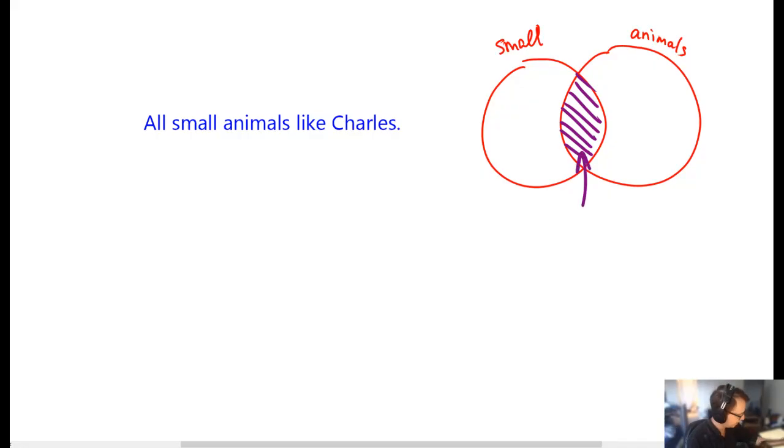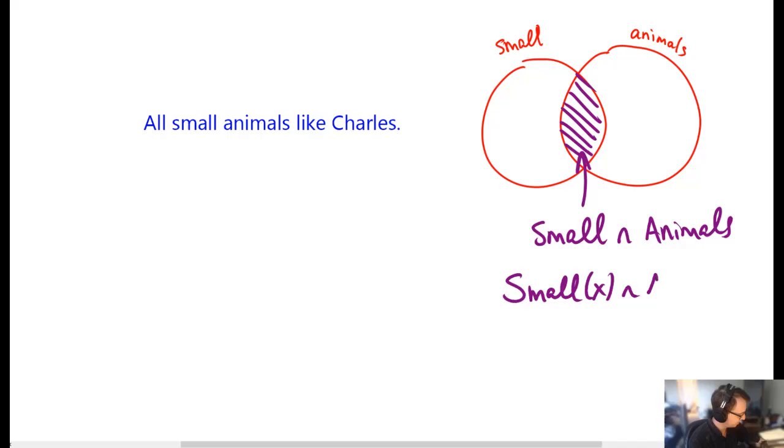So this set right here is the set of things that are small and animals, which in logic can be represented by the things where X is small and X is an animal. So we can treat this as a unit.